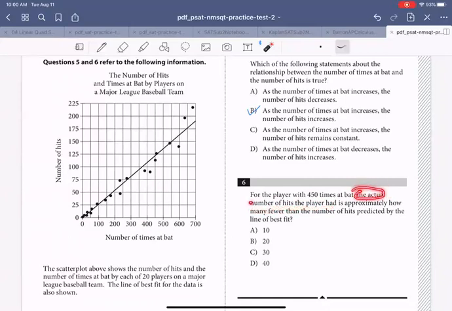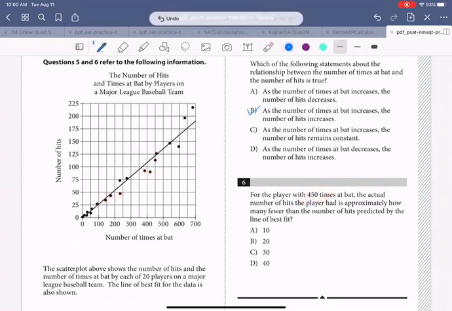The scatter plot shows the actual number of hits, right? Yes. Those dots are the actual numbers. And 450 stands for a point over here. That makes sense? But there's another one close to 450. So you might ask me which point you are talking about.